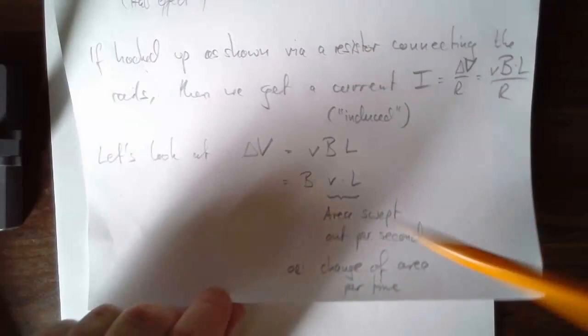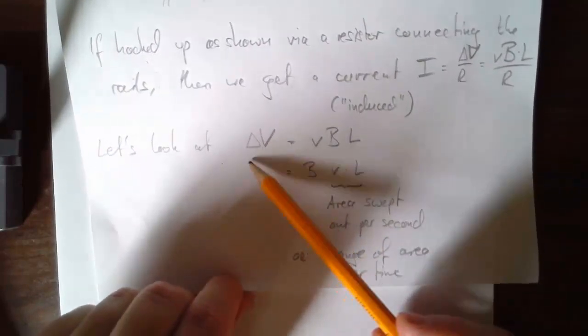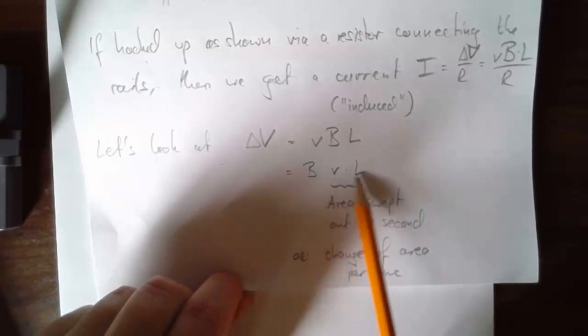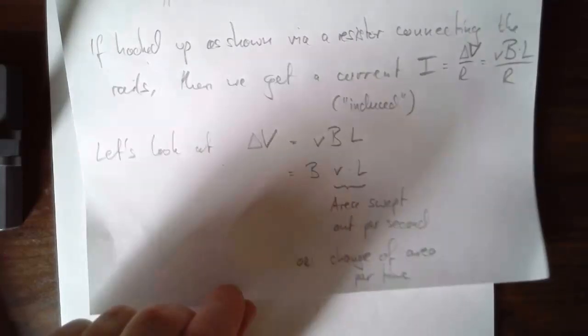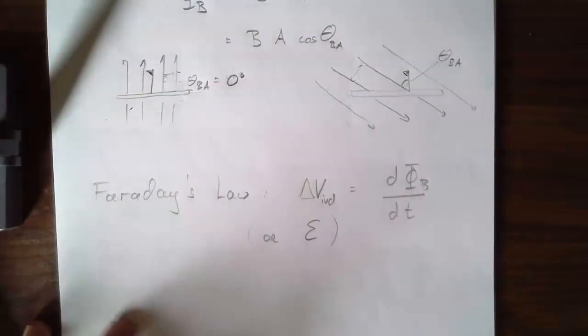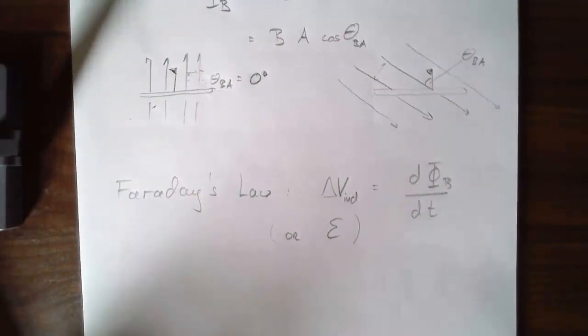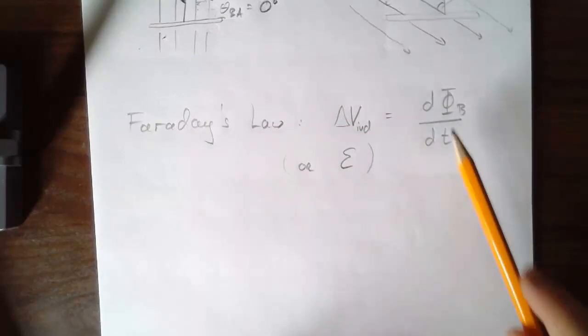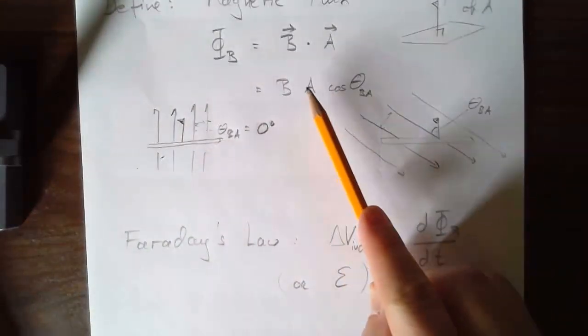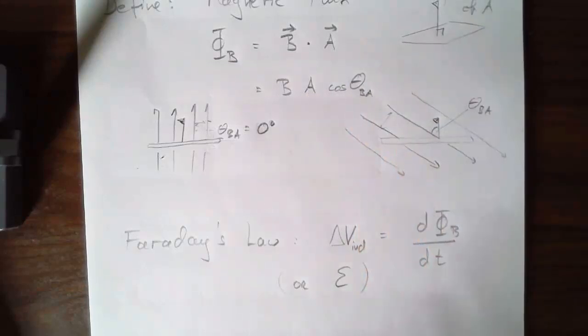So really, the delta V as a whole, the induced EMF, is just the rate of change of flux. Okay. So phi, the magnetic flux, is equal to B A cosine theta.